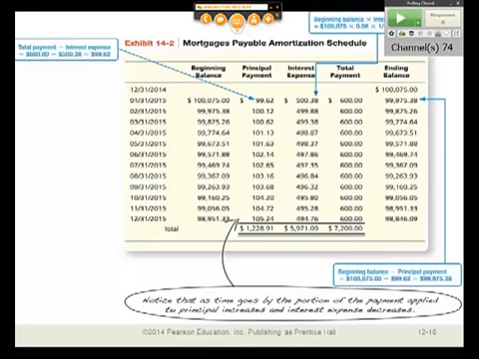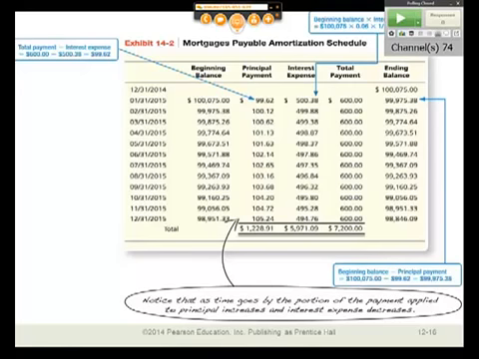The interest, which is the $500.38, is 6% of the opening balance. So if you look up at the screen, you'll see the computation. And the ending balance, I'm just going to slide this up, the ending balance down here is the opening balance minus the principal payment.